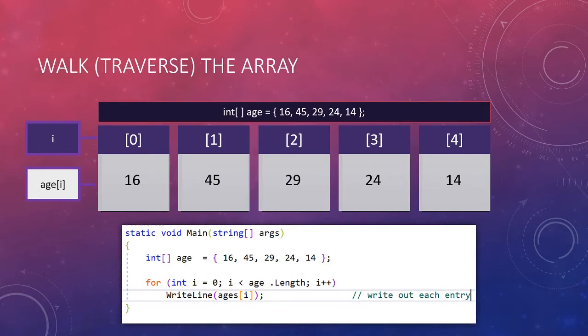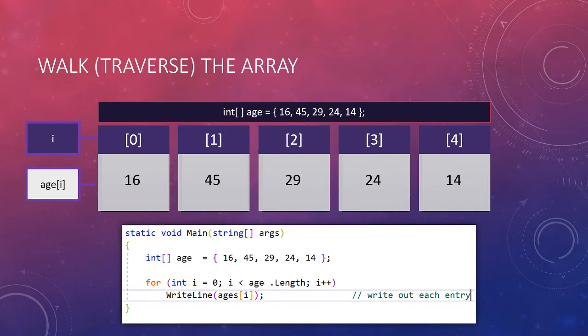So that would output each entry in our array, so that we should see an output like, oops, I'm getting ahead, look at this fancy animation. So the first execution of our for loop, we would set I equal to 0, and then we would write out the number 16 because that's at index position 0 in our array. Then we would update the value of I to 1 and write out the number 45 because that's what's at that position.